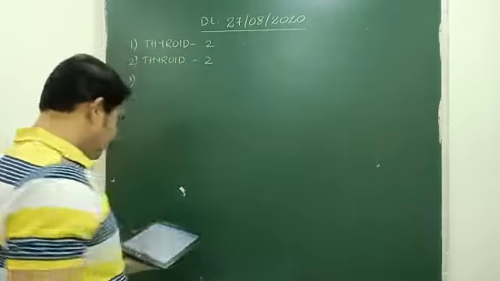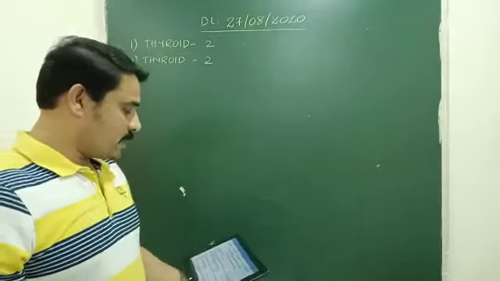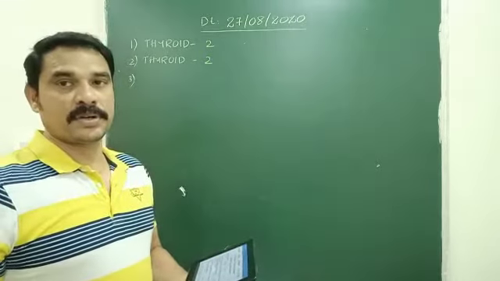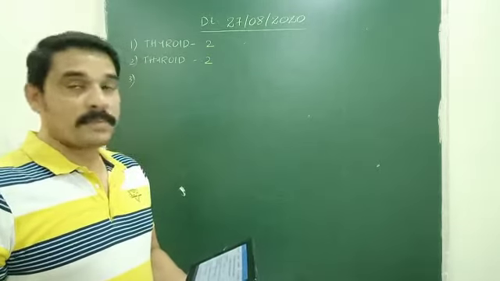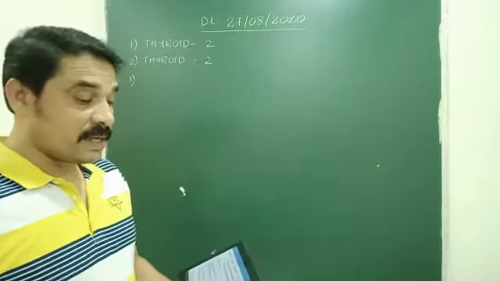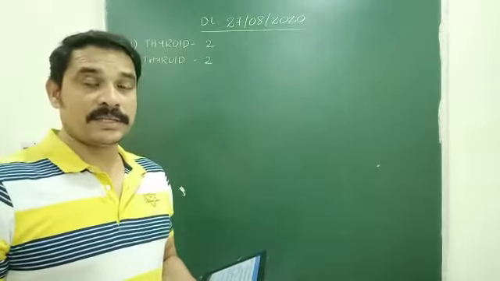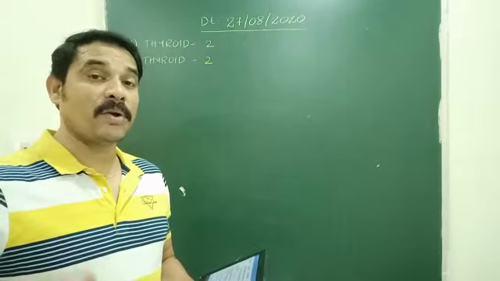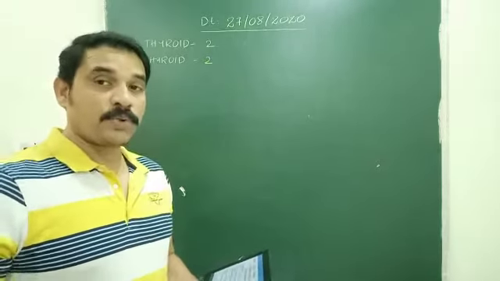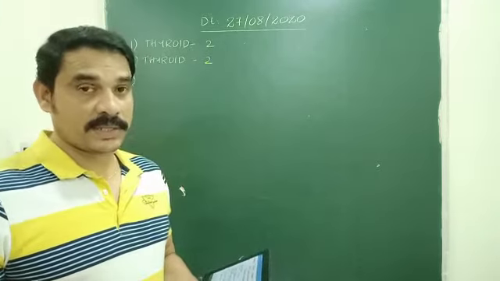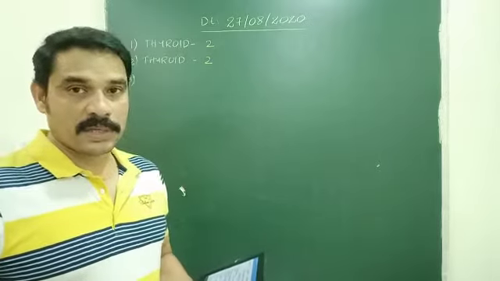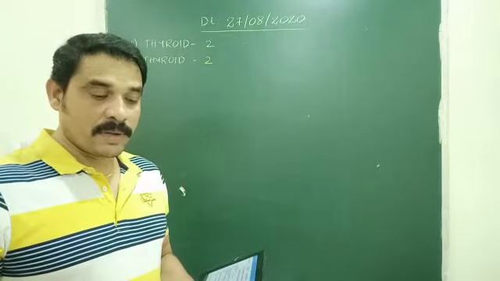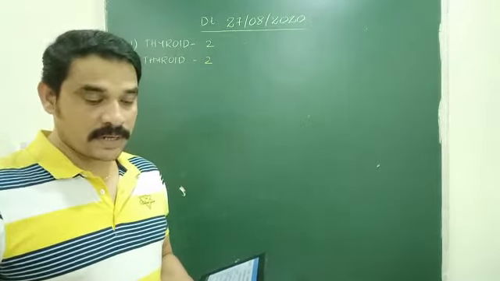Question number 3. Cretinism is due to abnormal secretion of. Cretinism is a disease due to hypothyroidism condition. Due to hyposecretion of thyroxine in childhood, that leads to stunted growth. Mentally the children will become retarded, right?